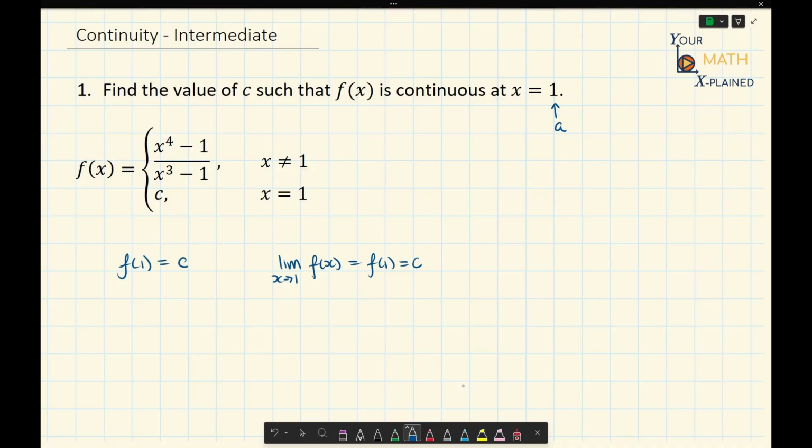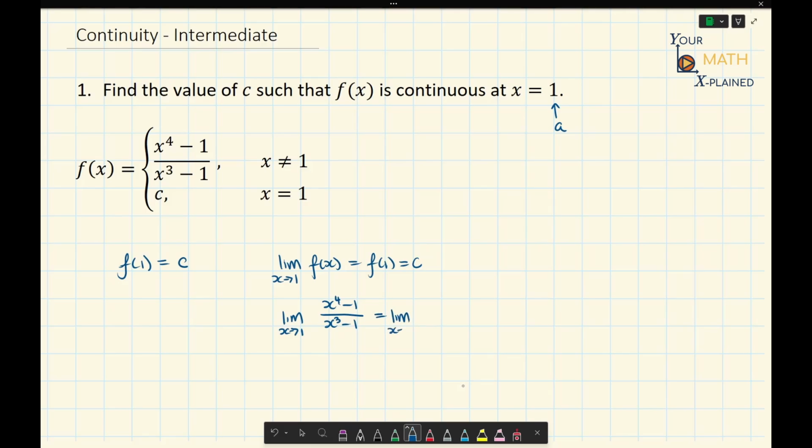Now the limit of our function f of x as x approaches 1 is equal to the limit as x approaches 1 of x to the power of 4 minus 1 over x cubed minus 1. And now we're going to factor both the top and the bottom.